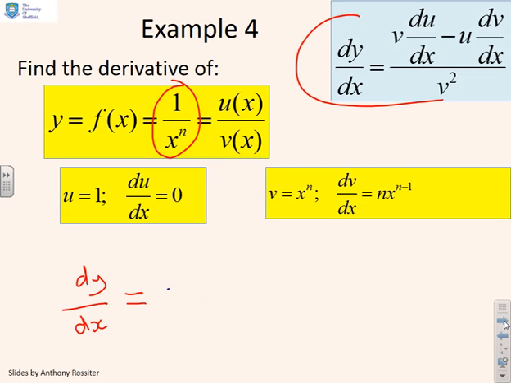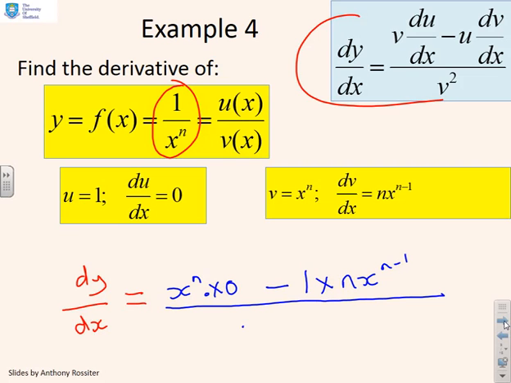So v is x to the n, and du/dx is 0, and then I'm going to get minus u, which is 1, times dv/dx, which is n x to the n minus 1, and then all divided by x to the 2n.